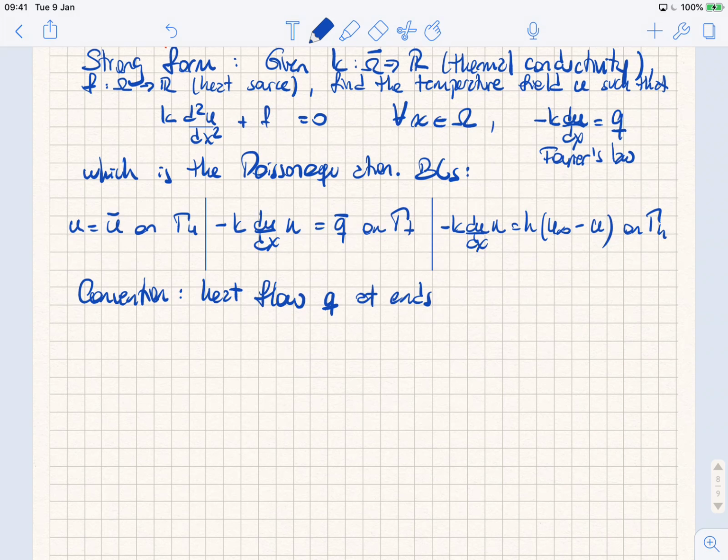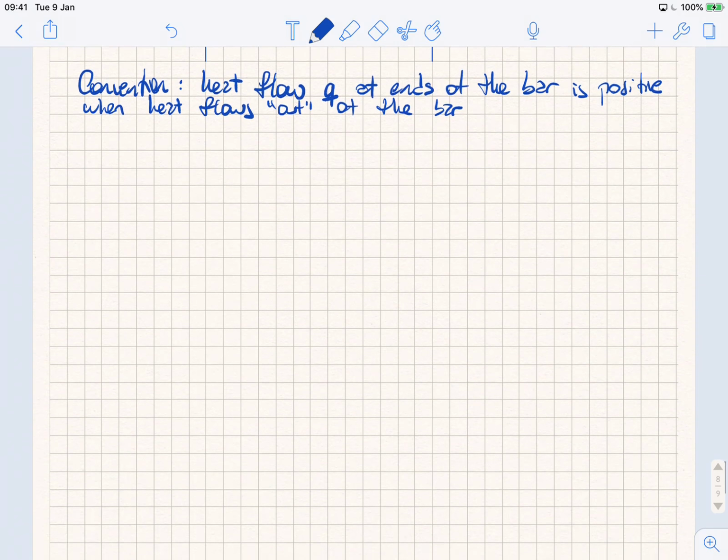In the case of elastostatics, that was a displacement. Now we're talking about temperature. Okay, so that is our sign convention.